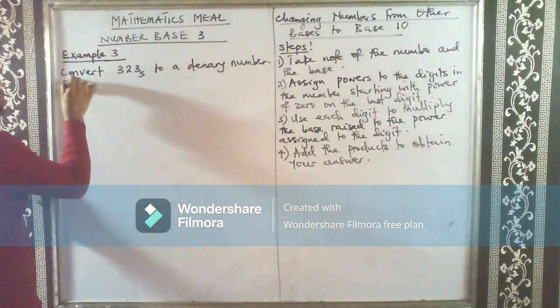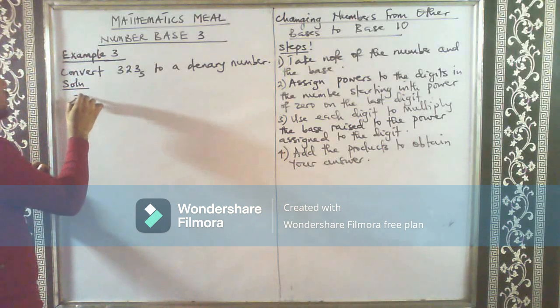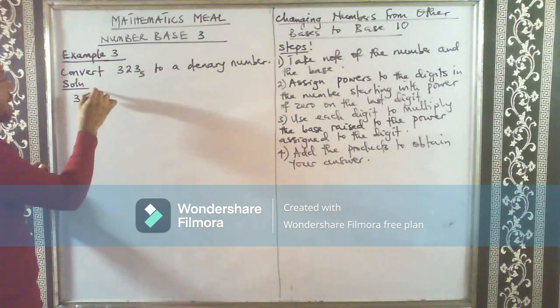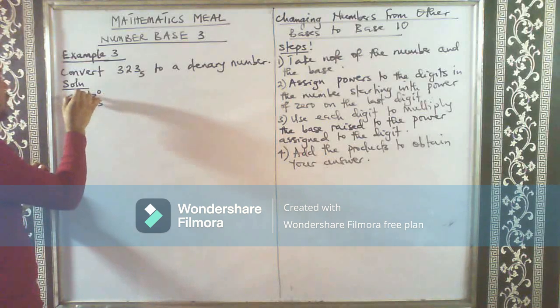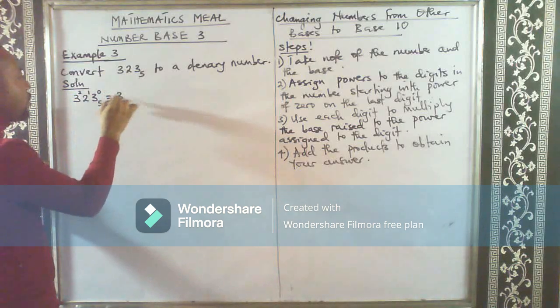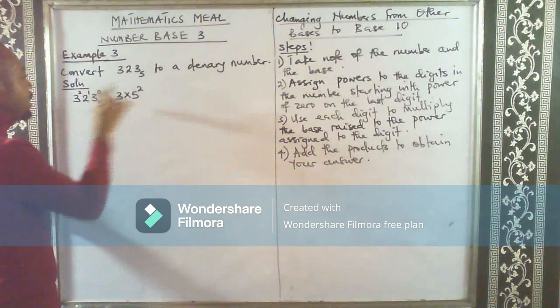So still the same approach will be used. So we have 3, 2, 3. We assign powers to these digits. Then we use each digit to multiply the base, raised to the power assigned to the digit.